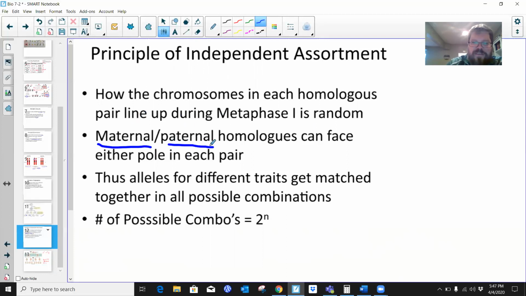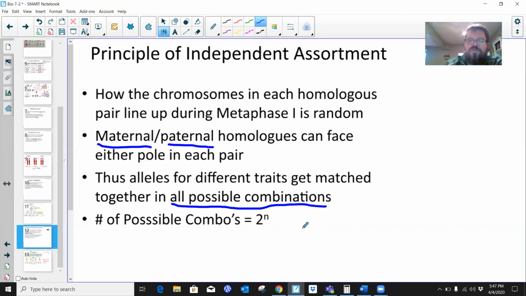And paternal, the father. I had to think for a second there. My vocabulary is being tested again. These maternal and paternal homologs can face either pole in each pair. Thus, the alleles for different traits get matched together in all possible combinations.